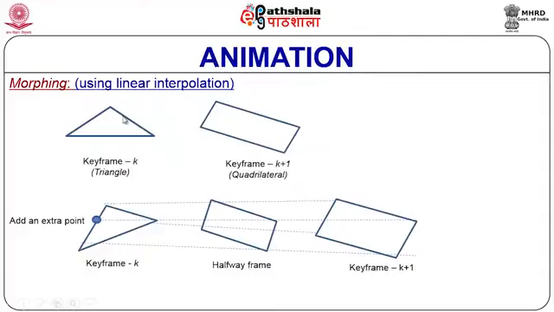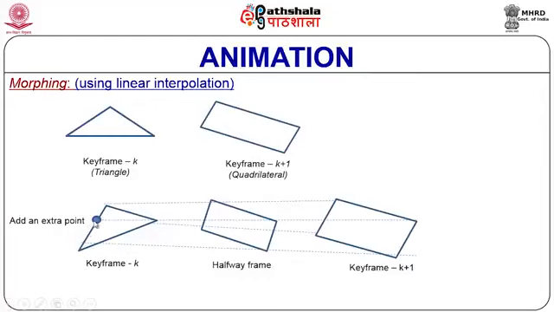So, another simple example to better understand the technique of animation is shown here. You have a triangle, and the triangle is to be changed to a rectangle. Now, the triangle has three vertices, and the rectangle has four vertices. Now, how do we map between the two? We add an extra vertex to the initial shape, and now there are four vertices.